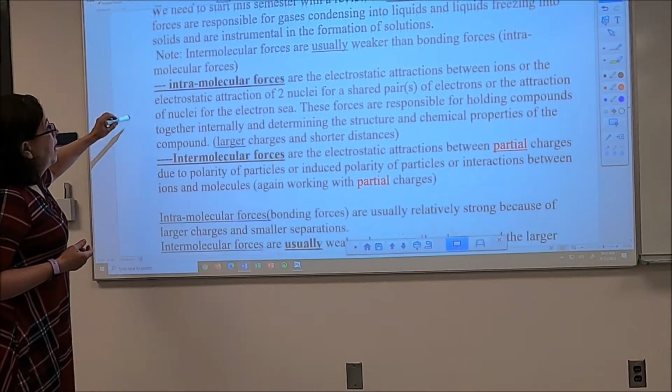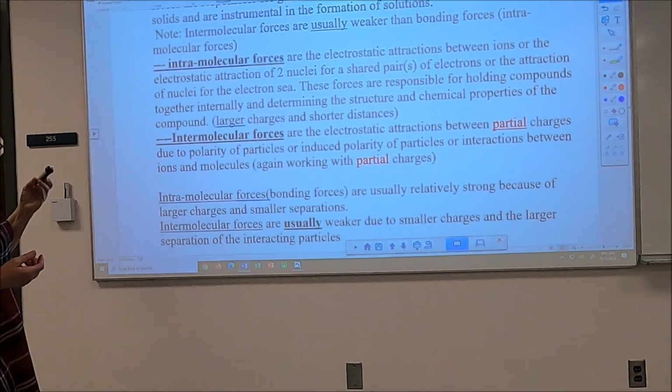So let's remind ourselves, intermolecular forces are usually weaker than bonding forces, intramolecular forces. Bonding forces are the electrostatic attraction between ions, or the electrostatic attraction of two nuclei for a shared pair of electrons, or the attraction of a nucleus of an atom for the electron sea.